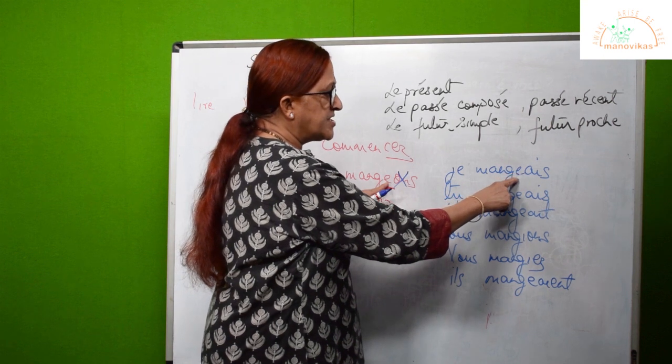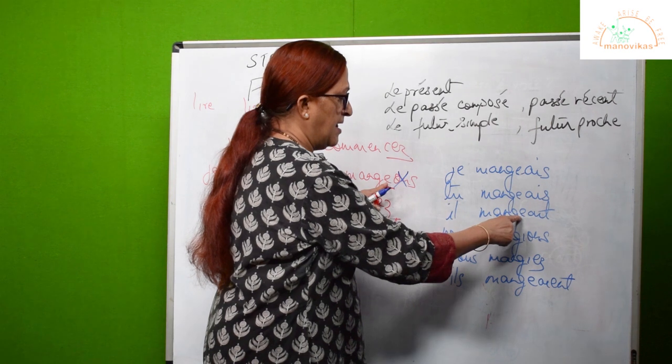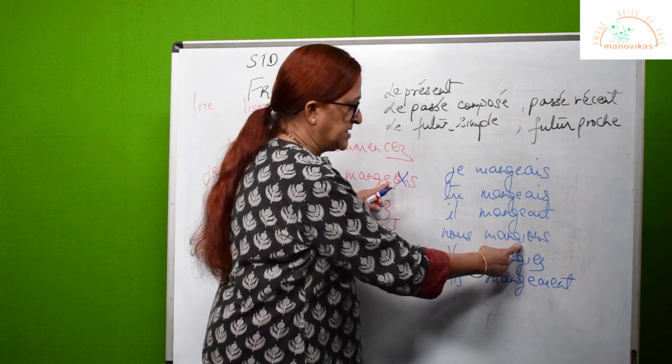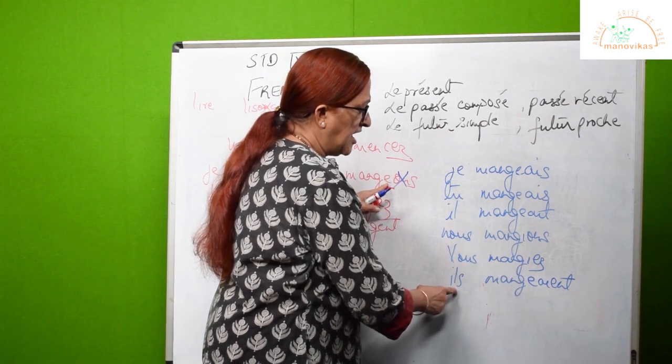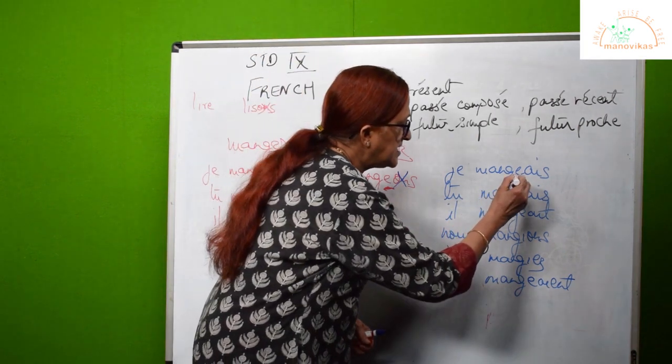But where have we retained the E? Only in je, tu, il. In nous, we have again removed that E. In vous, we have again removed that E. And in il, we have retained the E. So, you please see where all the E has been retained.